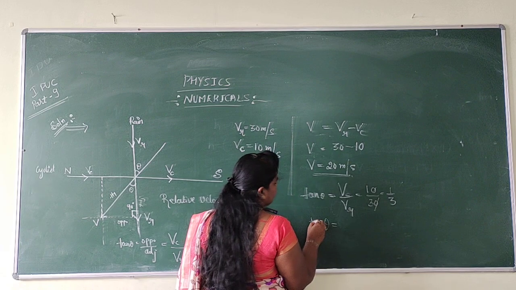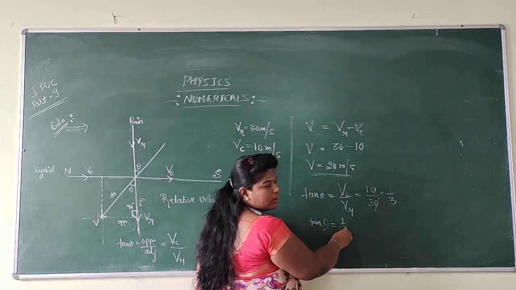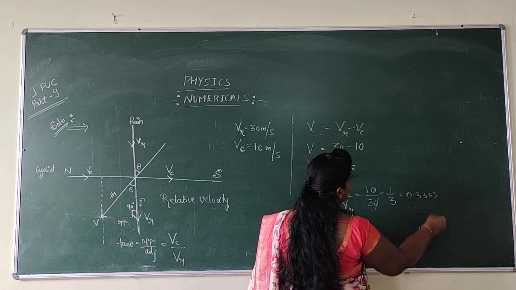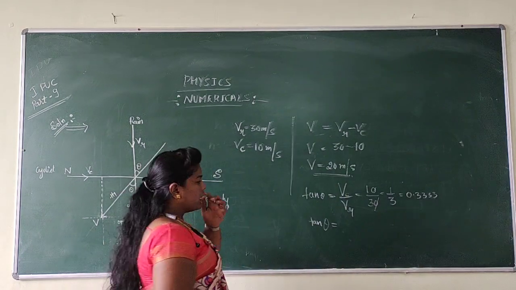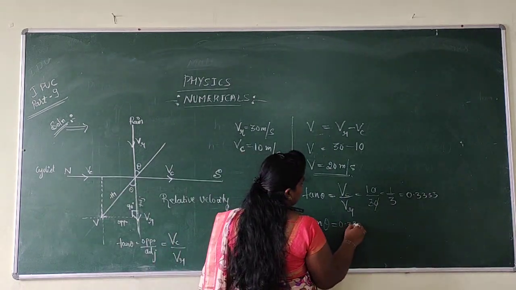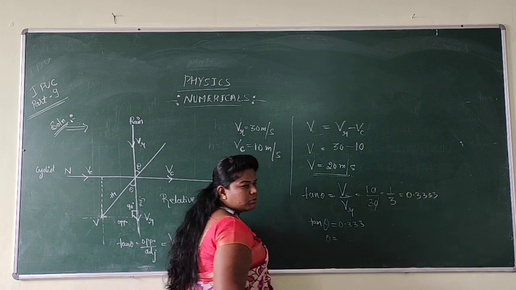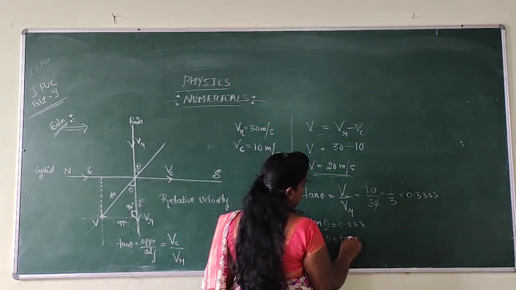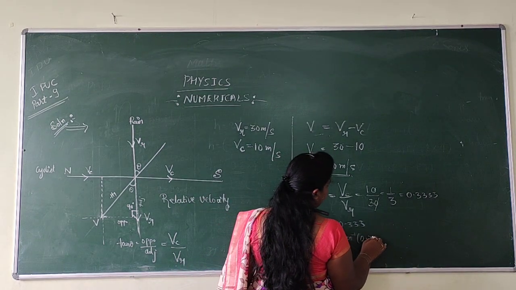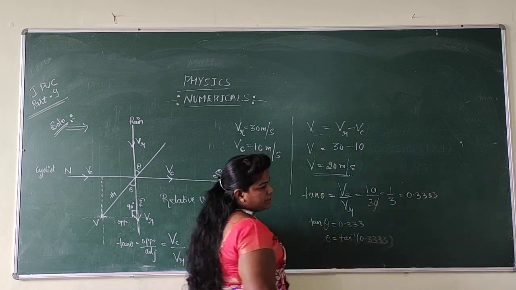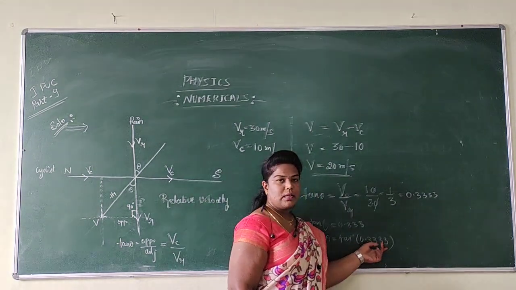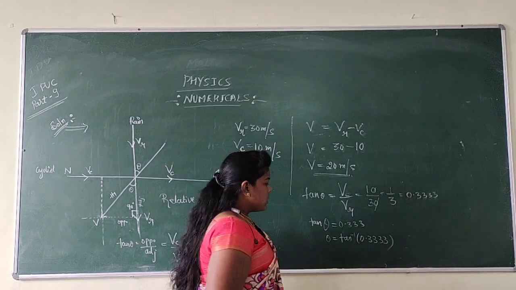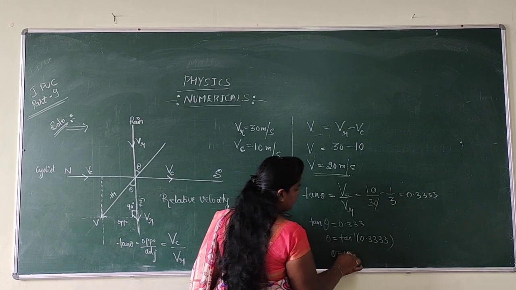Since tan theta is equal to 1 by 3, which is 0.3333, theta is equal to, if I shift this tan to the other side, it becomes the inverse function, tan inverse of 0.3333. My dear students, to calculate this angle, we should use the log book. Hope you already learned how to observe the log book, so that theta becomes equal to 18 degrees.